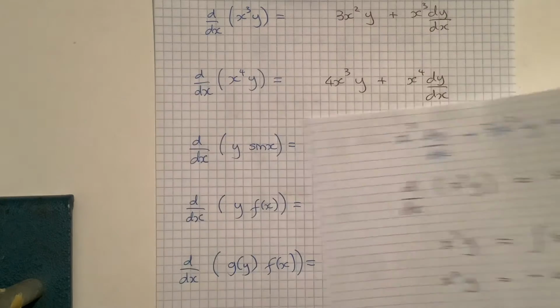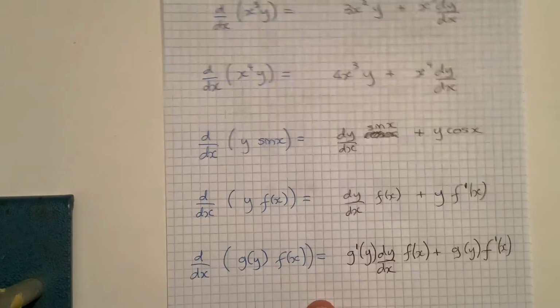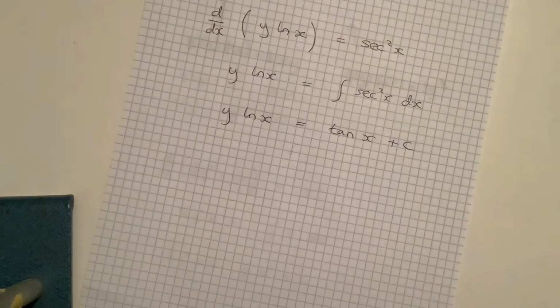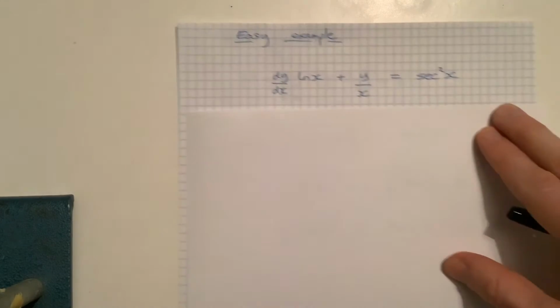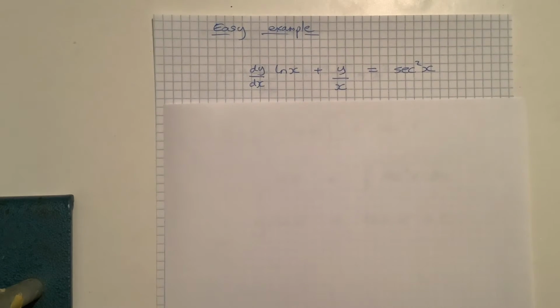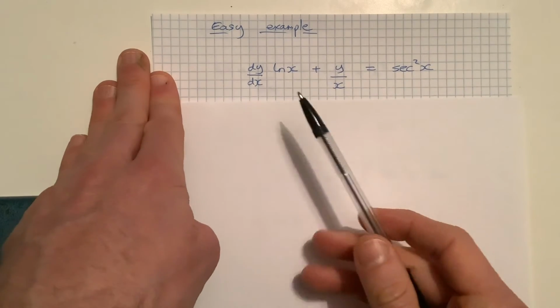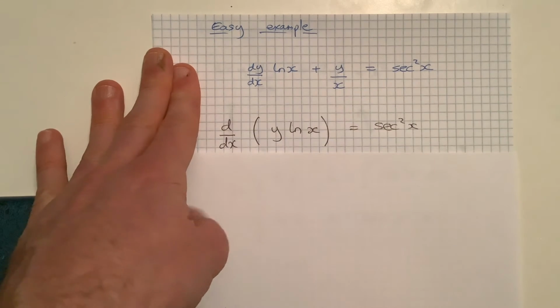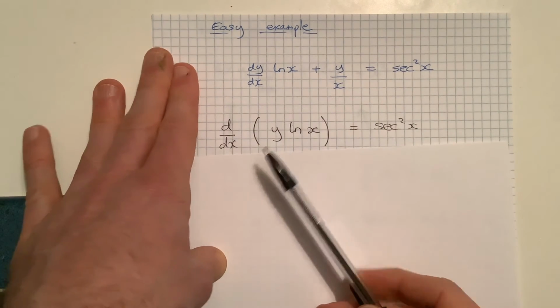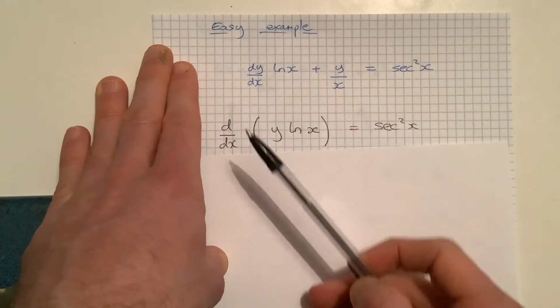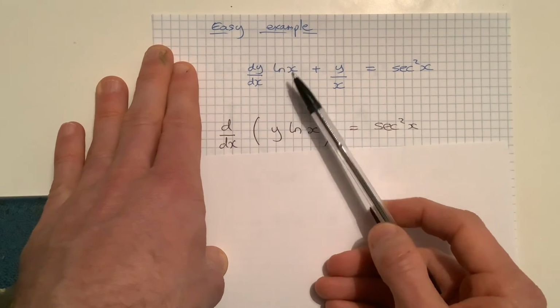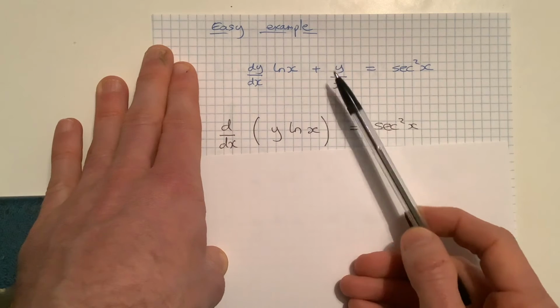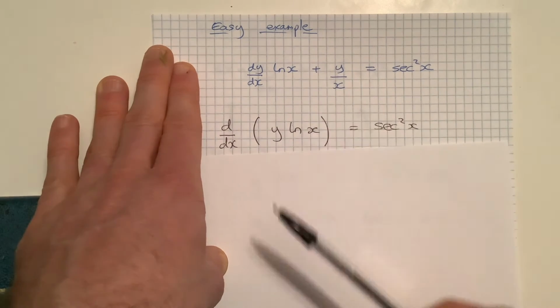So let's have a look at another example then. This here again is a relatively simple example, because I know I can rewrite this left-hand side as that. Because I know that when I differentiate the ln function, I'll get the 1 over x function that's here.